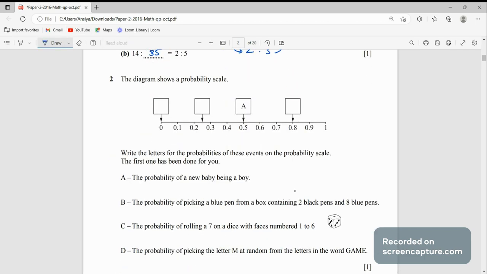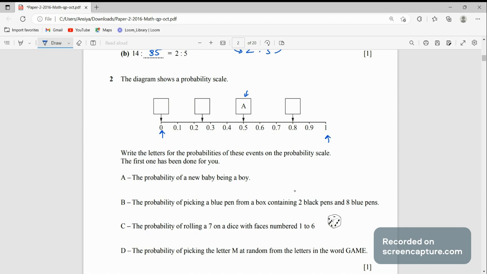Question number 2. The diagram shows a probability scale. We have learned probability values will always be between 0 and 1. There are 4 boxes given. In one box it's written A and some values also given. Write the letters for the probabilities of these events on the probability scale.